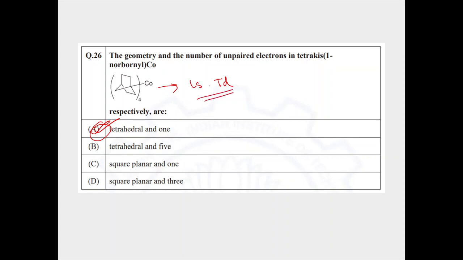This also came in a research paper where they studied this, and it is one such rare example, so you should keep it in mind. But for your knowledge, mostly for tetrahedral complexes, we get high spin complexes only.